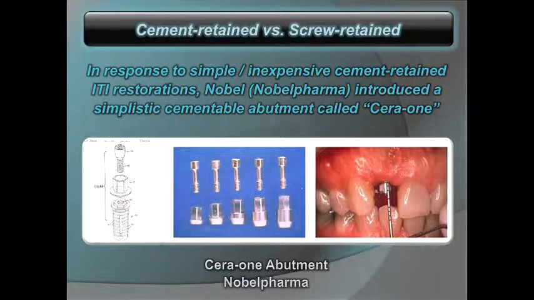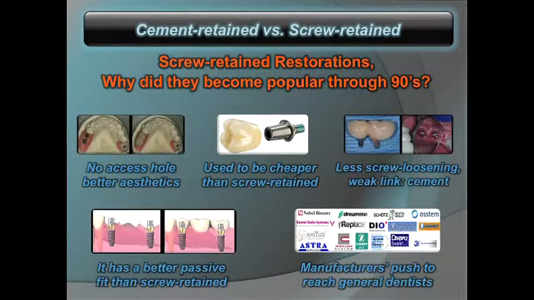Now, with the cement-retained, you don't have any problem with the holes, so it looks better, aesthetically it's better. And the next one is that at the time you had the stock abutment, it was cheaper to make.